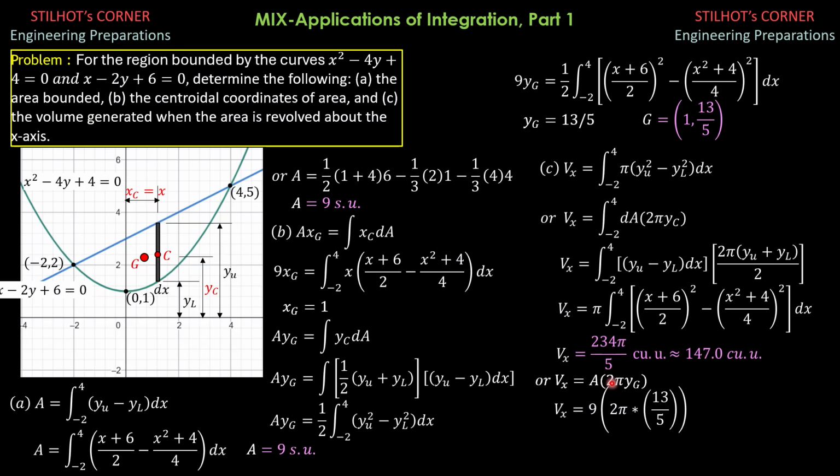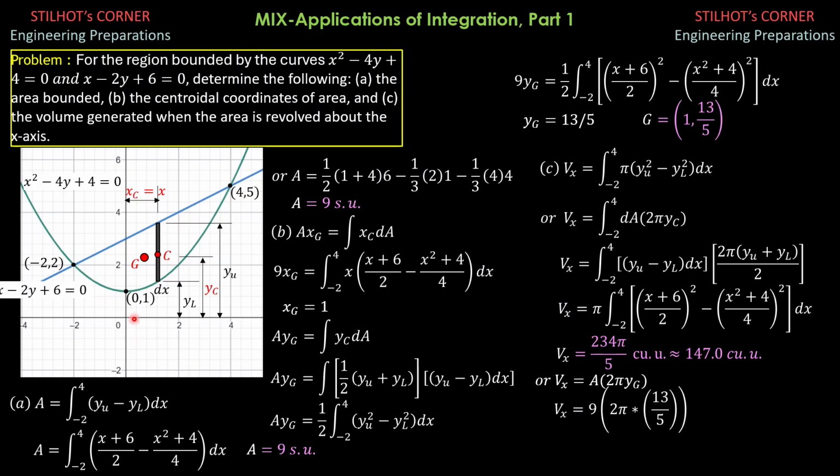And remember that the application of this second proposition by Pappus restricts that when the area is revolved about an axis, the area should not cross the axis.